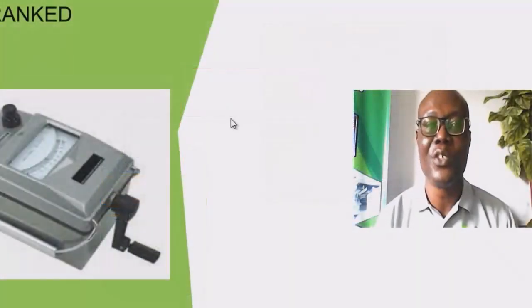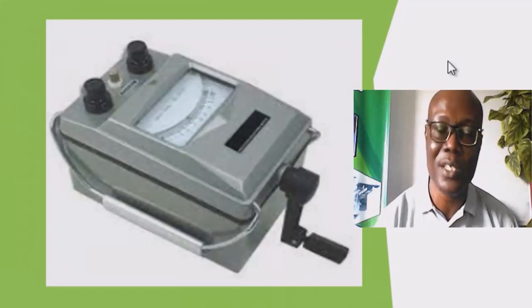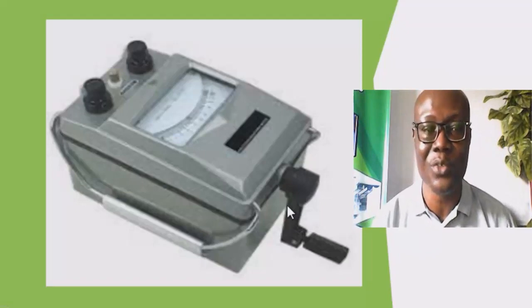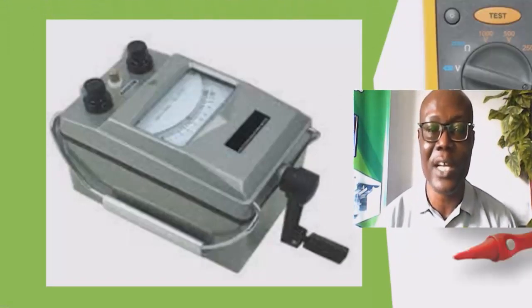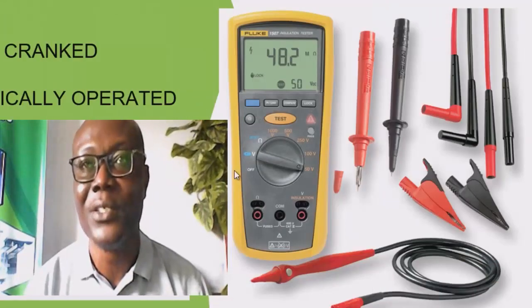So types of insulation tester, we have the manually cranked tester. Here you turn the crank to generate your own voltage that you inject into the circuit that you are testing. We also have the electronically operated one. This one is battery powered, okay.